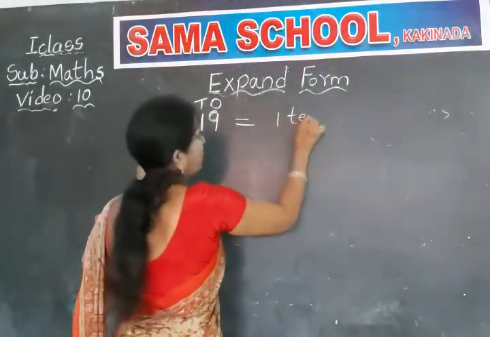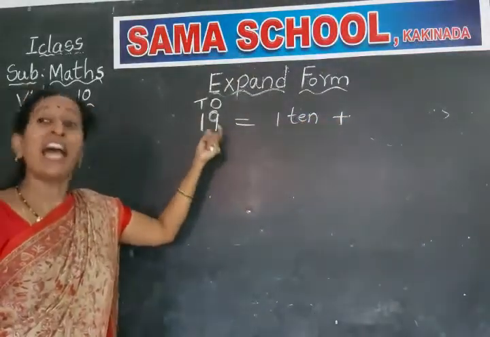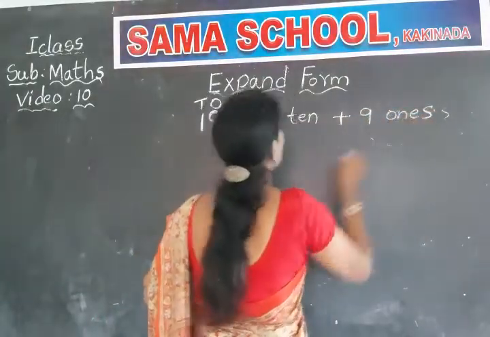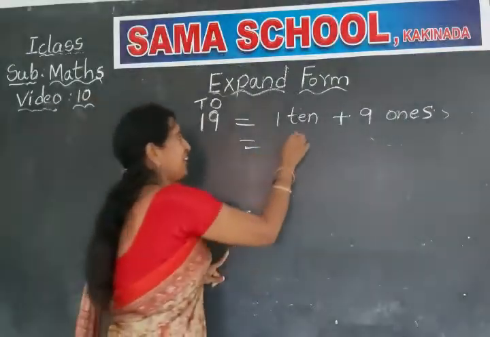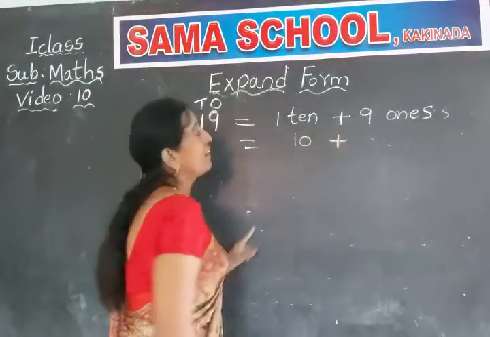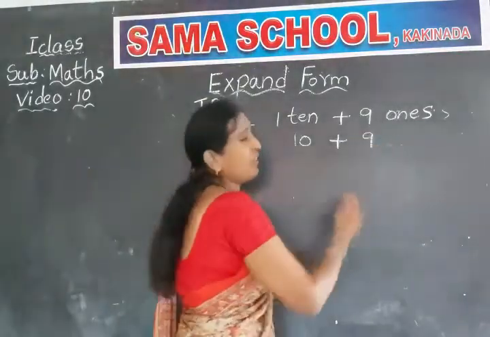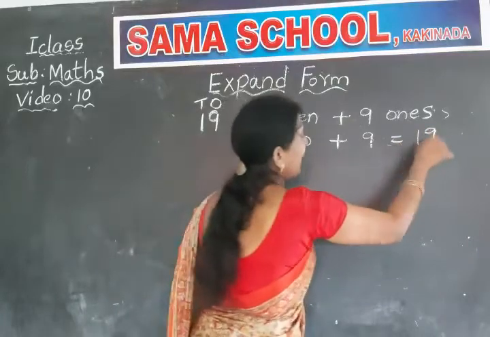Very good. Plus in the ones place how many ones? 9 ones. So 1 ten means 10, plus how many ones? 9 ones. Only 9 you are counting. So 10 plus 9, 19.